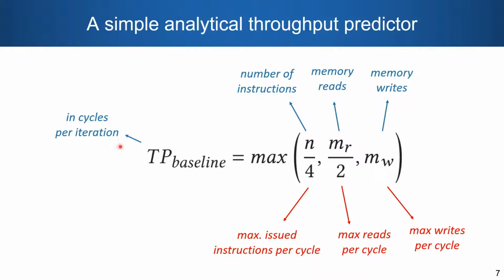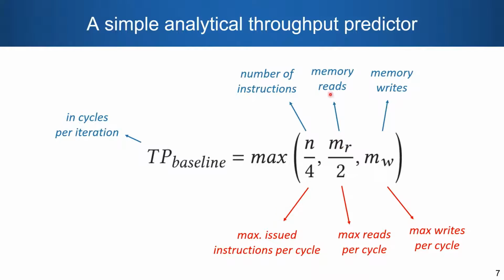this is sufficient. So this predictor predicts the throughput of a benchmark for the Skylake microarchitecture as the maximum over the number of instructions in the benchmark divided by 4, where 4 corresponds to the maximum number of microops that the Skylake microarchitecture can issue per cycle.